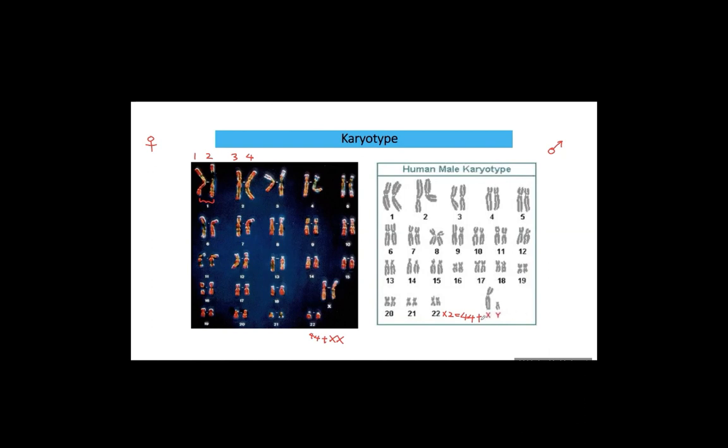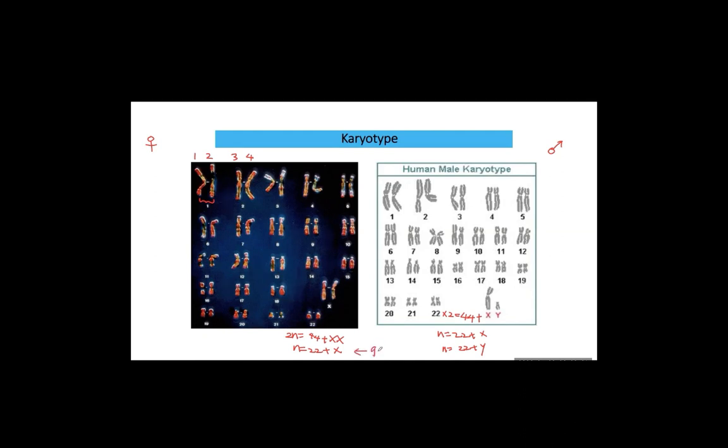Haploid cells result from half of a diploid cell. So a diploid cell is divided by 2. In other words, 2n divided by 2 equals n. Okay? Therefore, n equals 22 plus X. In this case, n equals 22 plus X or 22 plus Y. These are called what?